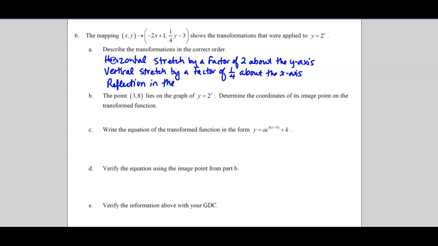So you're changing the sign of x, which means you're reflecting in the y-axis. Okay, and then translation. So horizontal translation 1 right, vertical translation 3 down. Remember, mapping notation, it is what it is. Okay, whatever numbers are there, that's what we do.